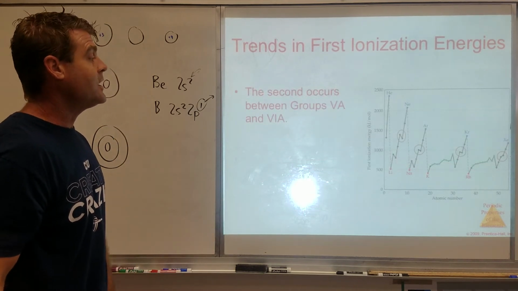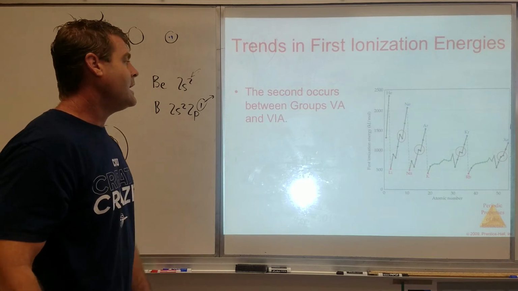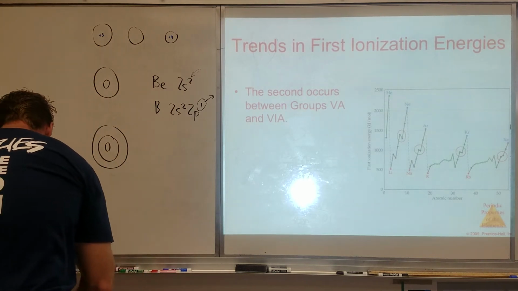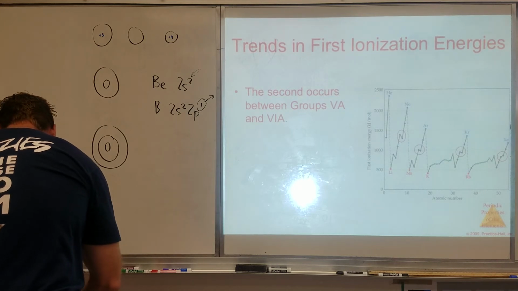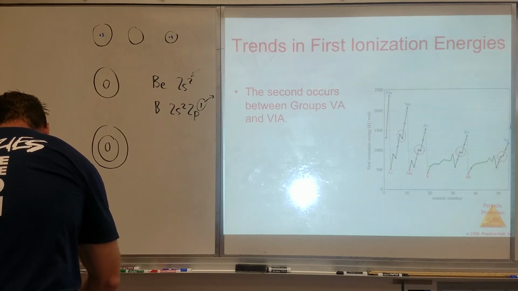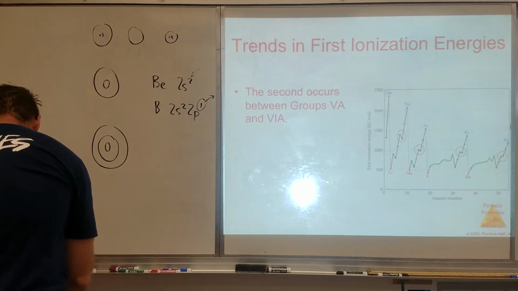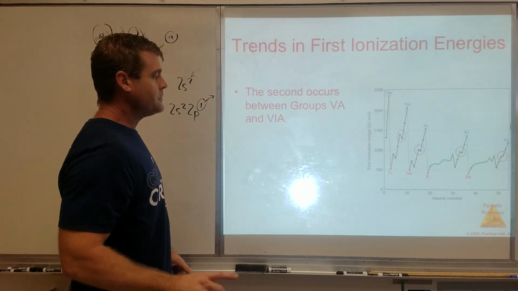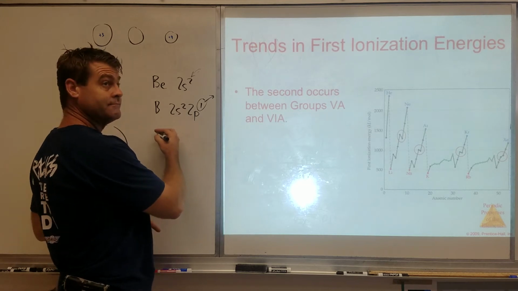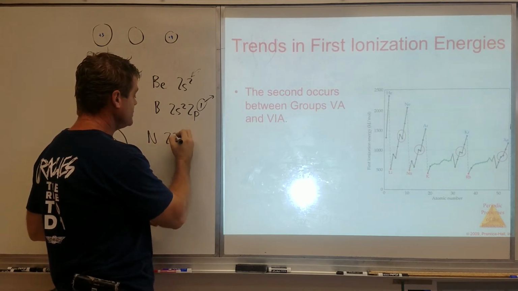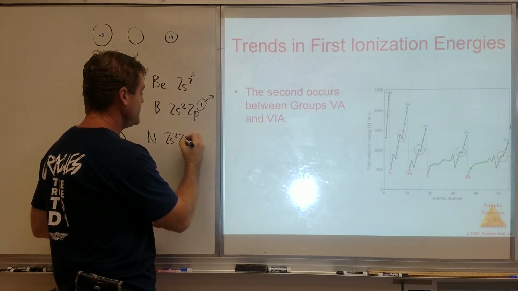Another one is between group 15 and group 16. Sorry, guys, one sec. Let's compare nitrogen and oxygen. For nitrogen, I'm going to do the valence electron configuration: 2s2, 2p3.